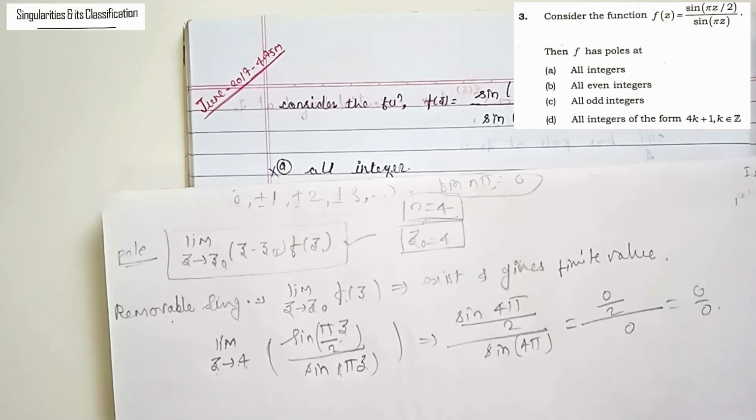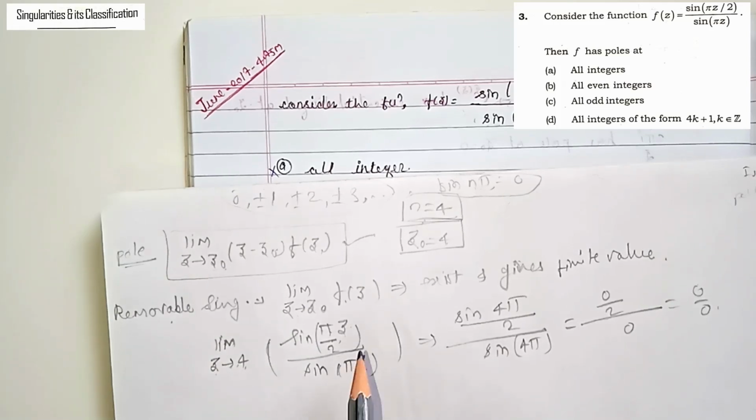L'Hospital rule says that we have to differentiate the numerator as well as the denominator. It is not like the u by v rule; we directly differentiate the numerator and directly differentiate the denominator.